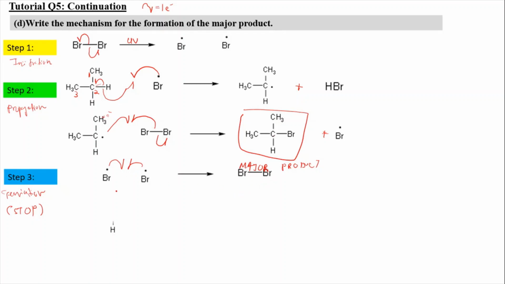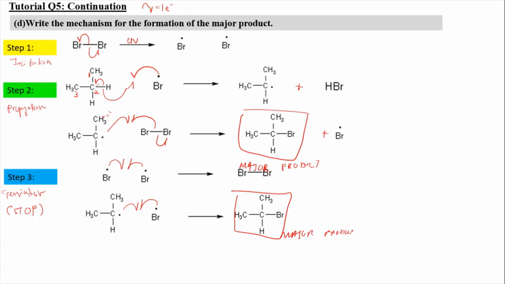At the same time, the free radical of carbon, and we actually have a lot of free radicals surrounding the reaction mixture, will collide with a bromine free radical. They can combine together to form a single bond, and this gives our major product, CH3CHBrCH3. So this again will give us our major product.